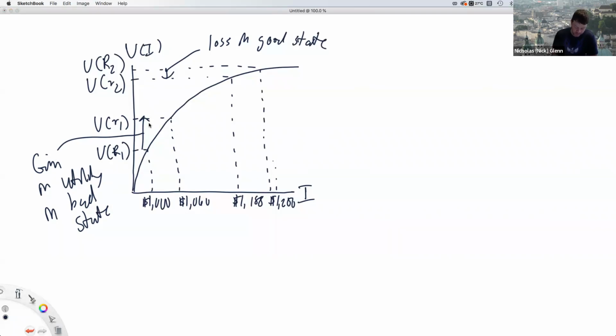That is, they want to avoid this downside risk. They want to minimize variance, right? They care about this loss here. They'd rather gain this money here instead of losing it in the bad state. It's nice to get this extra money in the good state. It'd be nice, but it doesn't mean as much to them as this loss here in the bad state. Right? This money here at lower levels of income is more important to them.